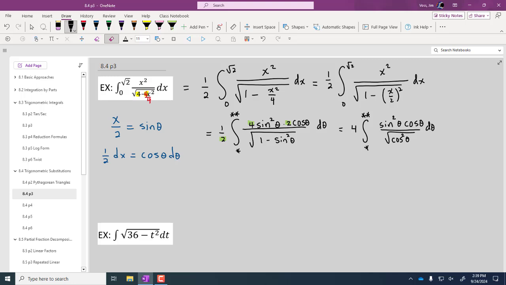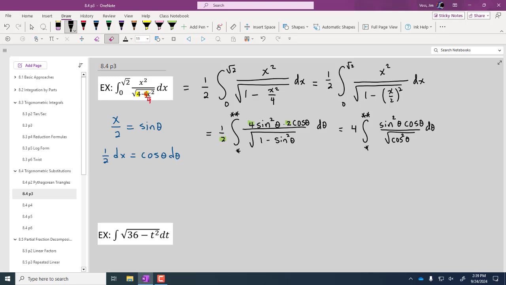Okay, so square root of cosine squared. Here is where we have to be a little careful, because we have talked about this this semester. What is the square root of x squared? Square root of x squared is absolute value of x. Because that root symbol means the positive square root.